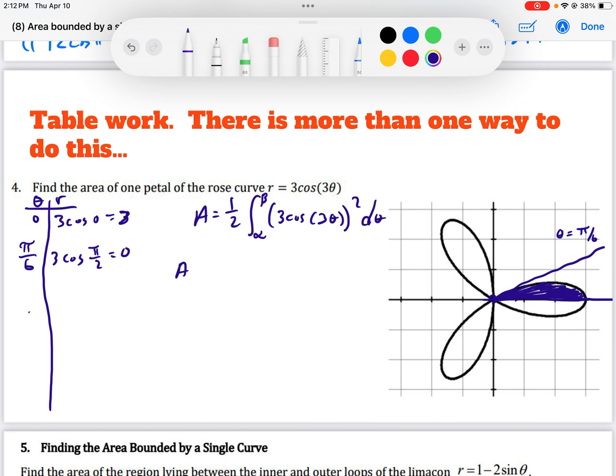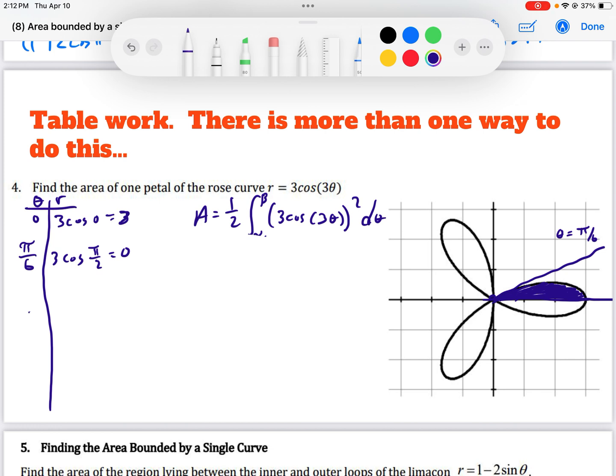One way I could do this: the area is equal to 1/2 the integral from 0 to pi over 6 of (3 cosine 3 theta) squared d theta, and whatever I get would be just this area right there. But if I double that, because this is symmetric, it gives me the area of the whole petal, this side included. That would be one way. That's not the first way that I saw it, so I'm not going to do it that way. I'm going to keep going.